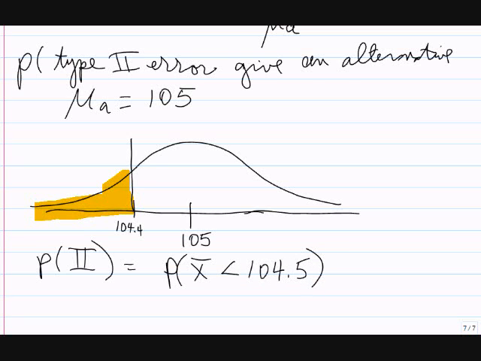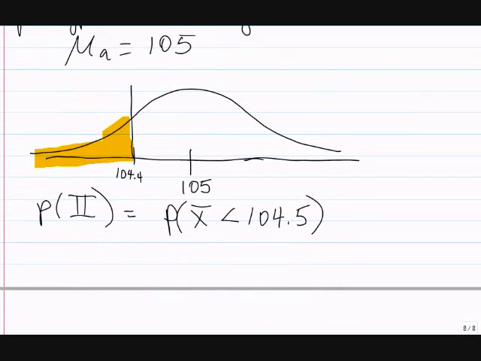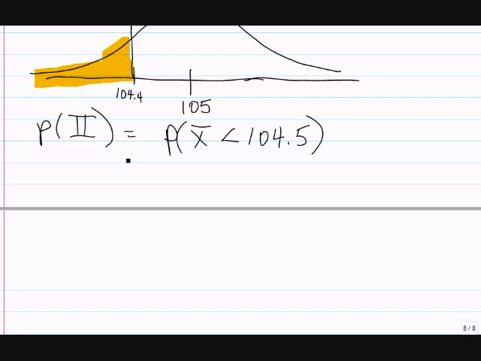So how do I find that? Well, let me get a z-score for 104. I'm sorry, 104.4, not 104.5. Sorry. You look at me like I'm crazy. I read the numbers wrong. Did this last period too.